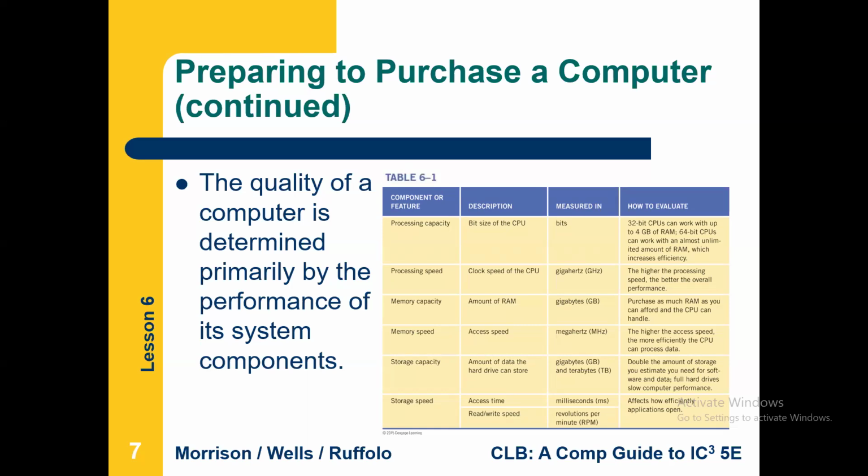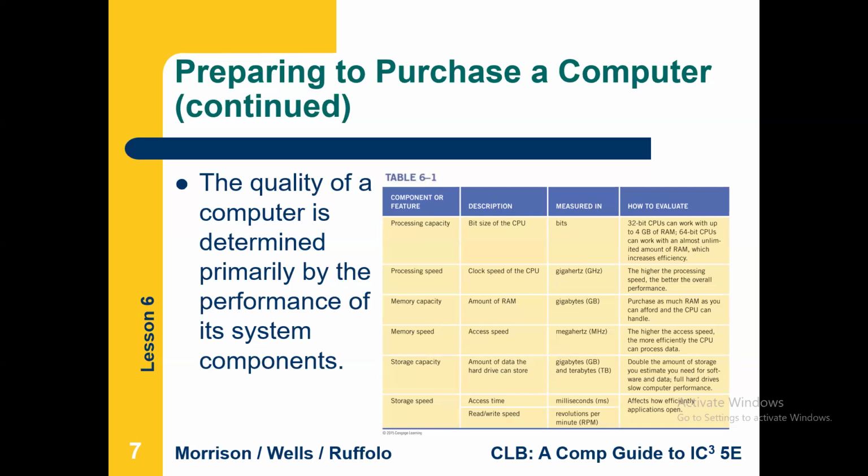Because we said some time ago that the memory determines how much data can be temporarily held whilst your CPU works on it. So if I have a higher amount of memory, then that means that much of my data can be temporarily stored per unit time whilst the CPU works on it.